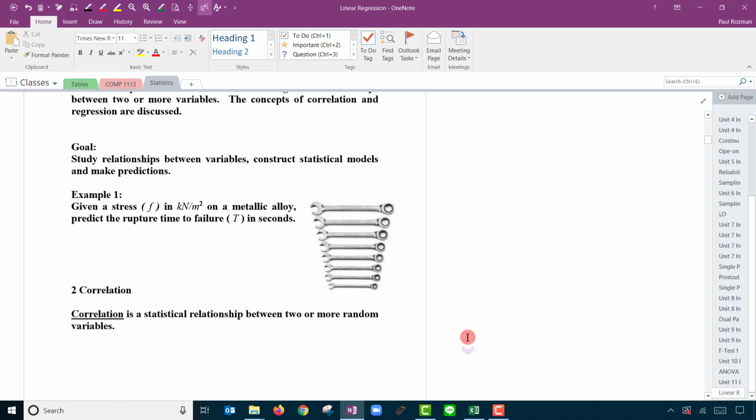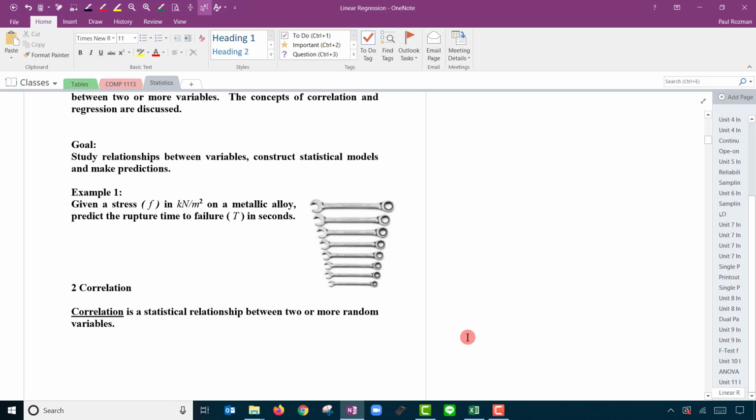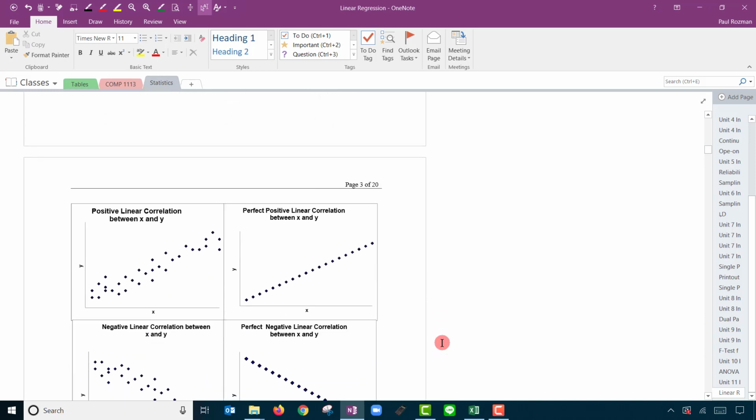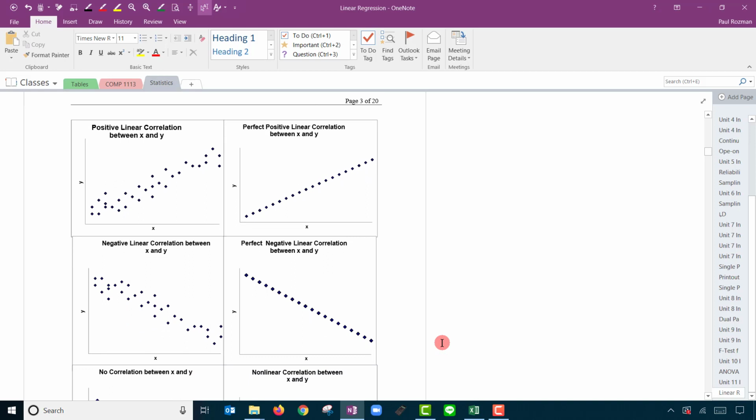Before we build the model for such things, we'll first define something called correlation, which is just the strength of a relationship between two or more random variables. So we'll come up with a way to measure that with the correlation coefficient, actually.